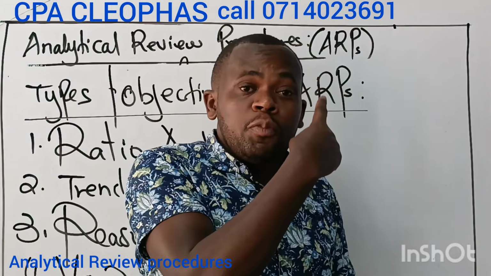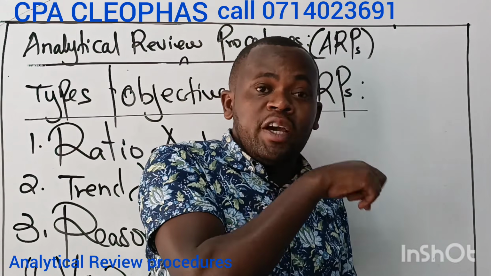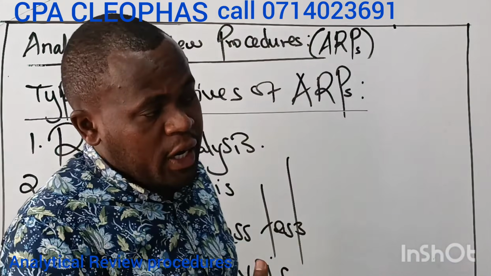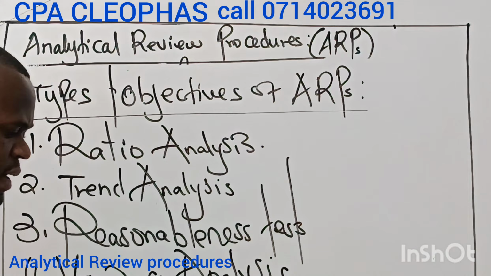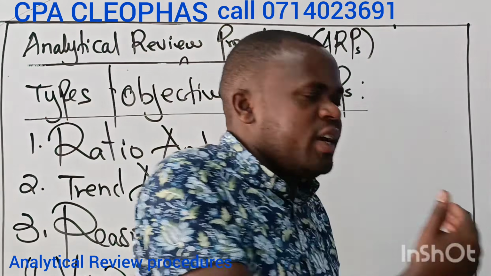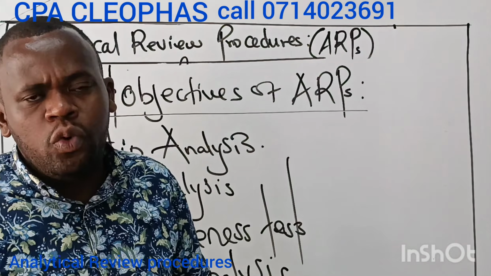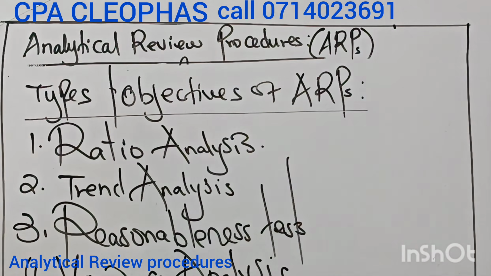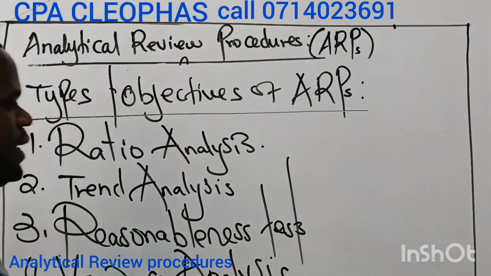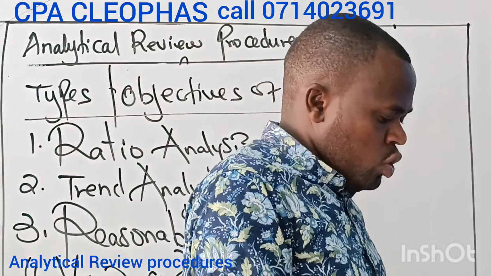You can perform them to know the company's performance over a period of time. Then you can compare the last year's expenses with the current year's expenses and see whether there is an improvement. So those are the four broad categories of analytical review procedures.